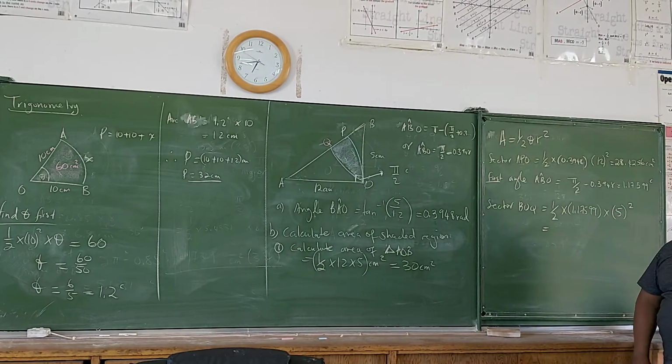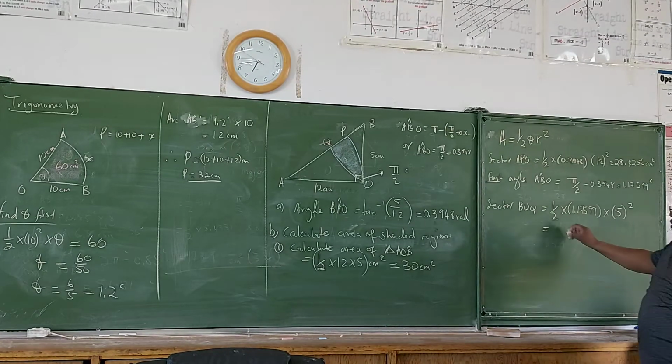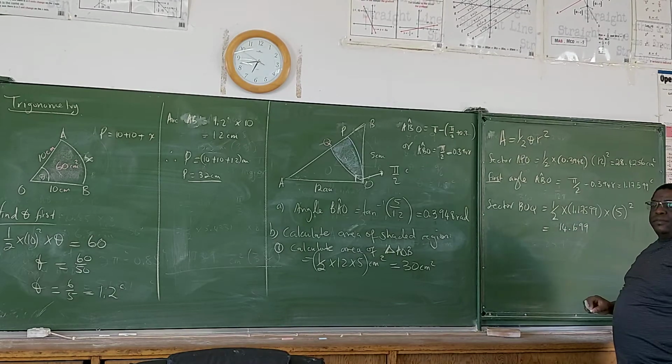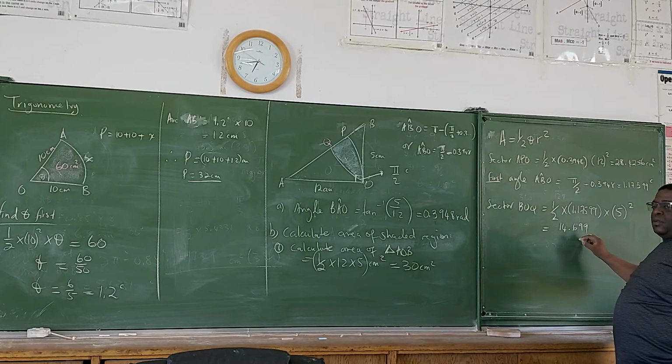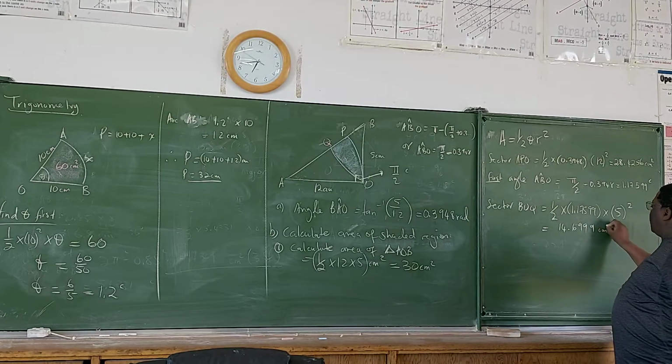Right, what is this answer? Give me this answer to 4 decimal places. 14.699. After that 8. Alright, after that 8 is a 7. Centimeter square.